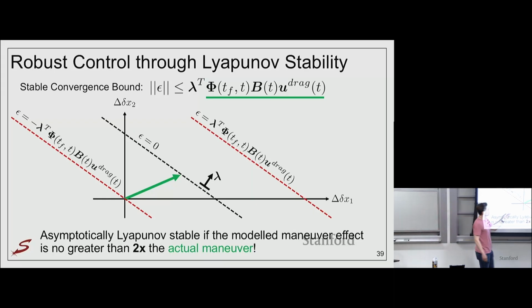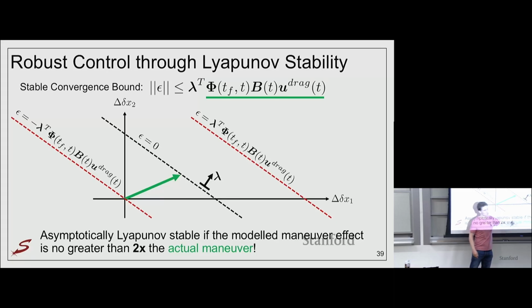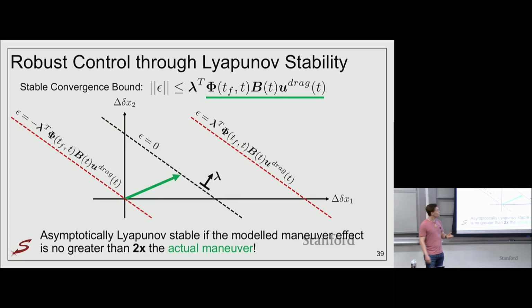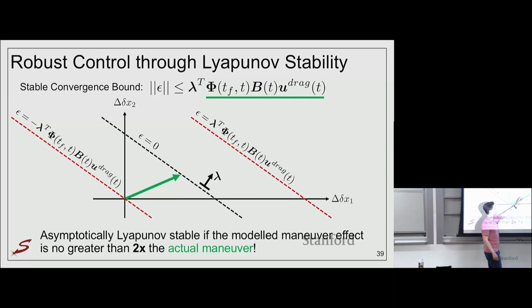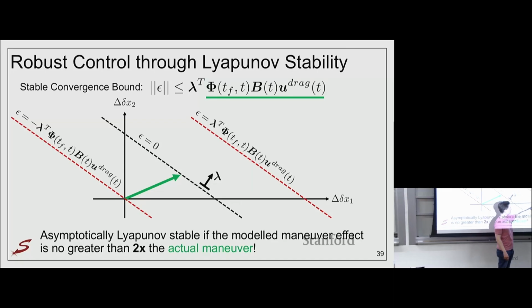What if we have a maneuver that's over here? That means that we've overestimated the maneuver that's going to be accomplished. That's okay too. We're still moving in the direction that we want to move. Where it starts to become not okay is when that error becomes greater than the effect initially realized by the maneuver. That is where this convergence property comes from.